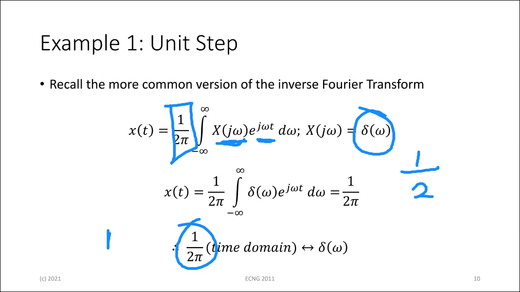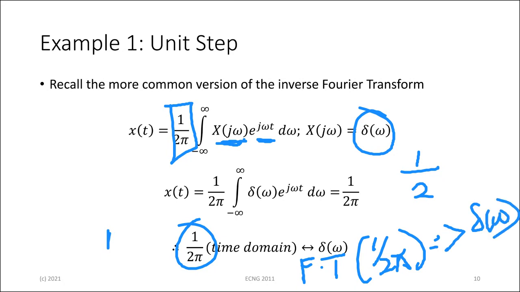This is telling me that the Fourier transform of 1 over 2 pi is delta omega. So a half is pi times this. Pi times this will give me a half.